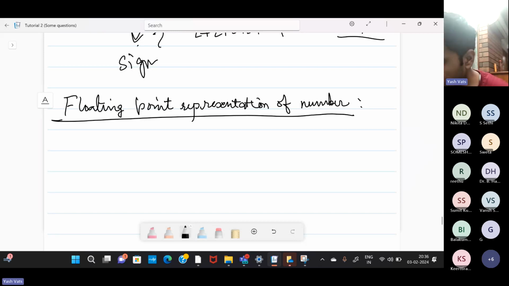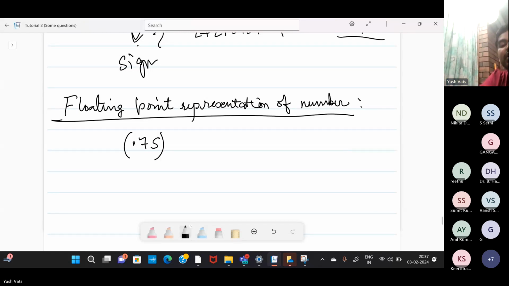Okay, so how do you represent a floating point number? Let's see the third example. If this is 0.75, it is a normal number like you used to see, but you need to convert it into some binary form representation.